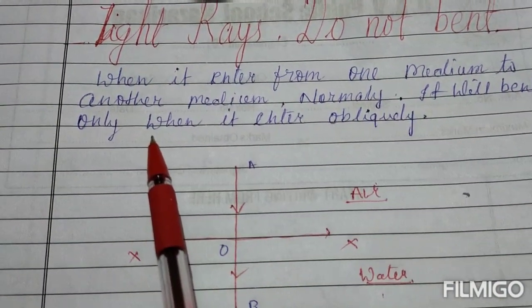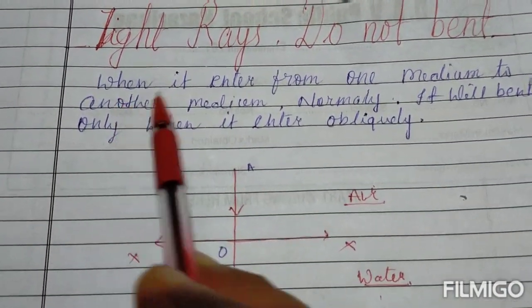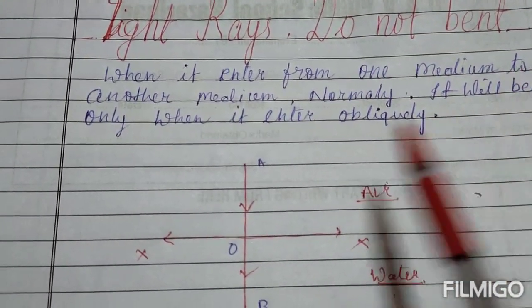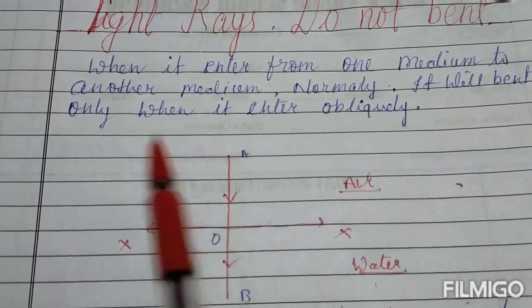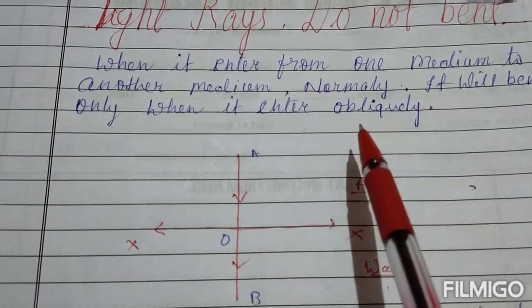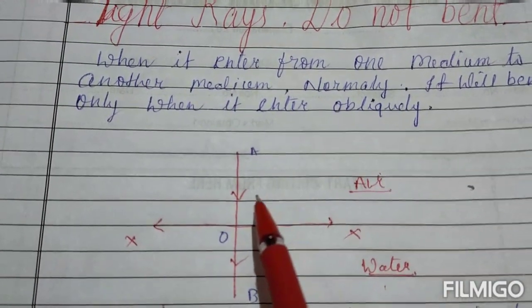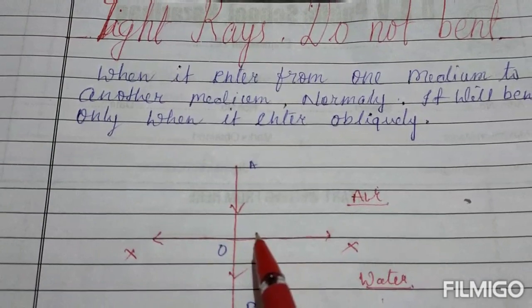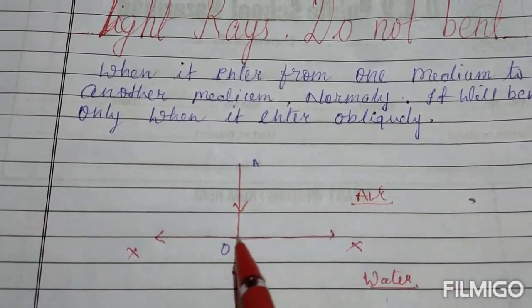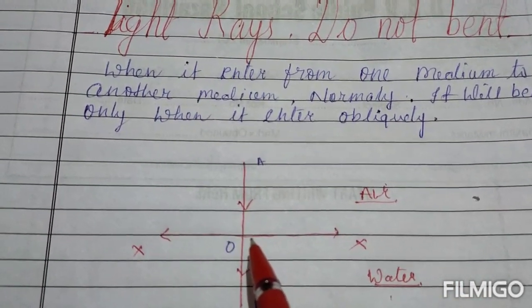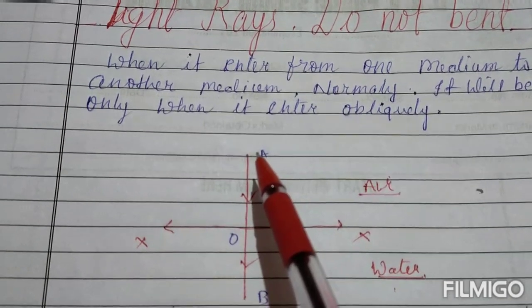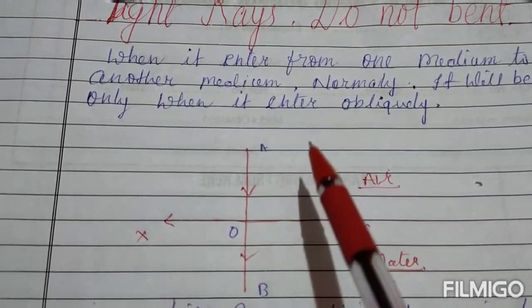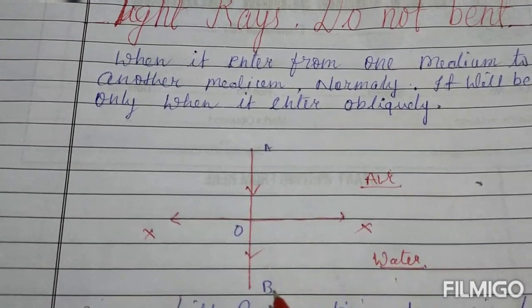The important part is that light ray does not bend when it enters from one medium to another medium normally, means with an angle of 90 degrees with the interface. So when it makes 90 degrees with the interface, that is when light enters normally from one medium to another medium, it will not bend.